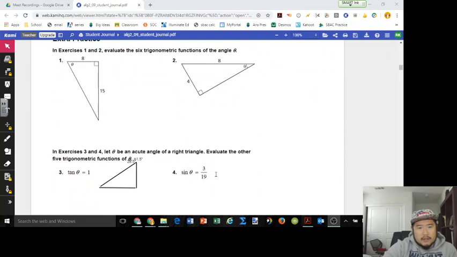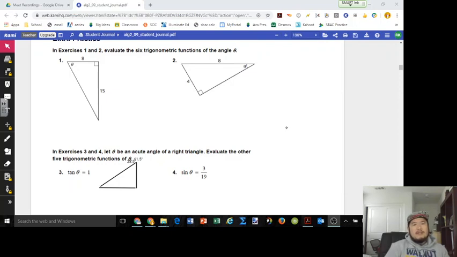All right, let's take a look at how we could answer some of these questions. Looking at number 1, it says in exercises 1 and 2, evaluate the 6 trig functions of angle theta. I have my right triangle right here, and they only give you information for 2 out of the 3 sides.